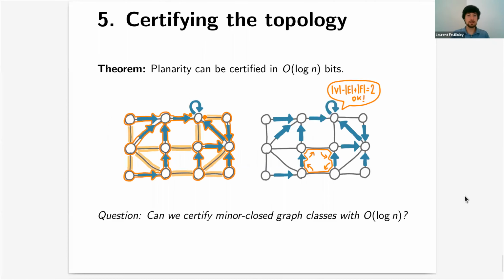And now the fifth direction I want to talk about is certifying the topology of the network. For example, there is a theorem that says, can I be sure that the network is planar? Well, I can be sure with certificates of size log n. So I can certify with log n bits that the network is planar. And it's really relevant for this talk because there are two independent solutions to do that, and they both are related to directed spanning trees.